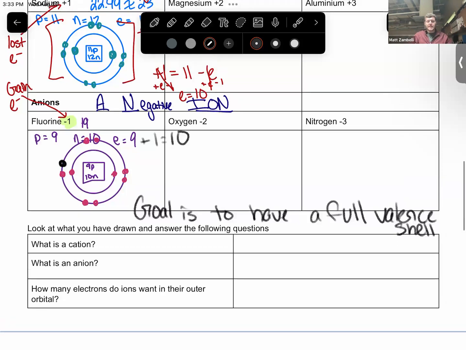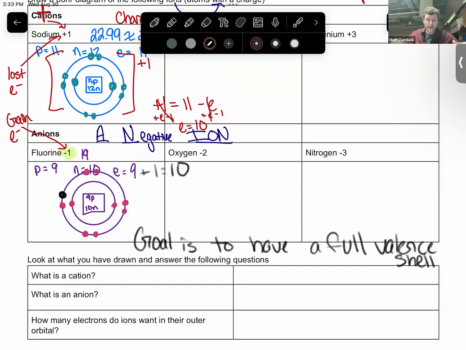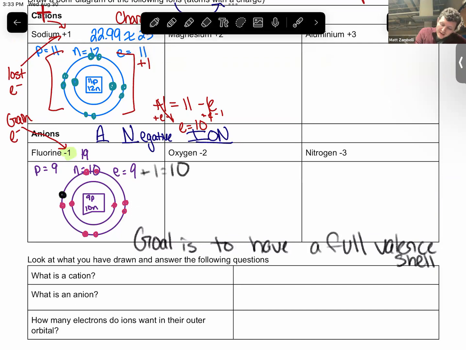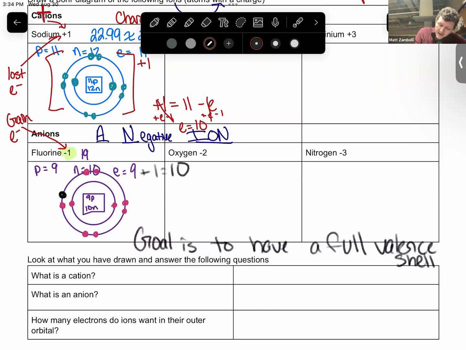So let's think about this in terms of sodium and fluorine, right? If sodium had 1 electron it gave away, we can imagine that that missing electron just moved down and was given to fluorine. And so that's how we both became happy.